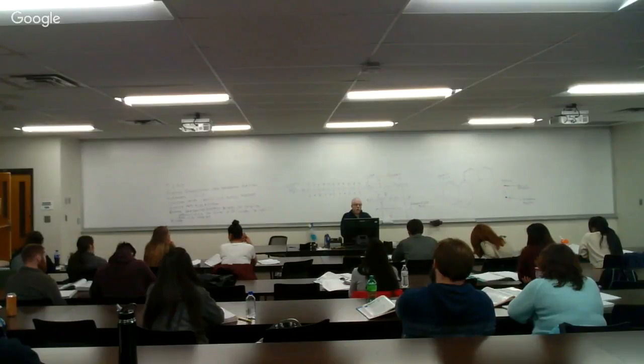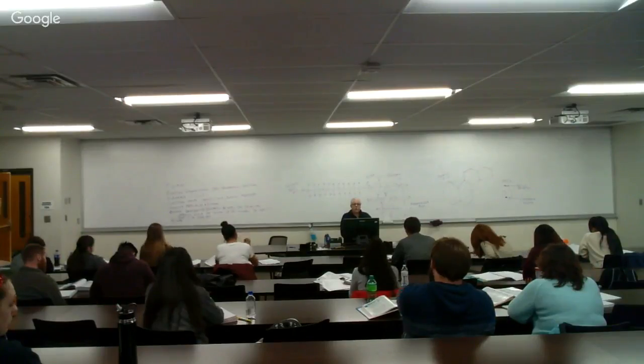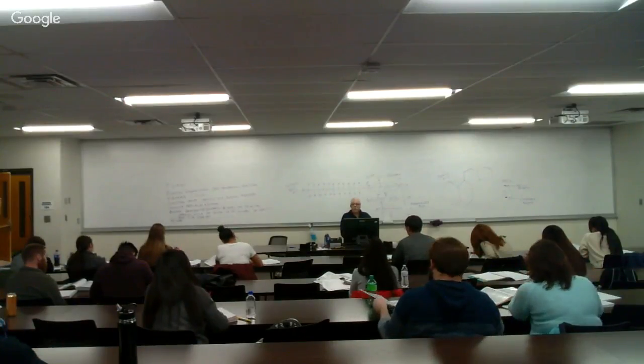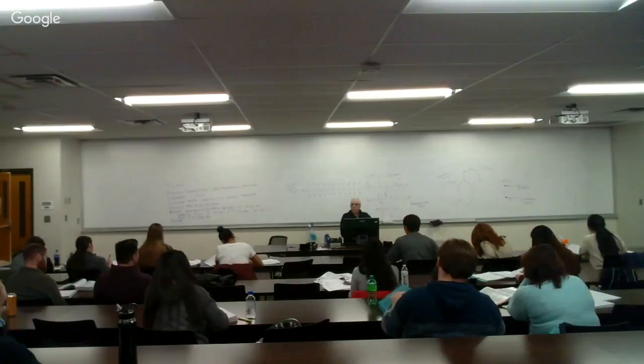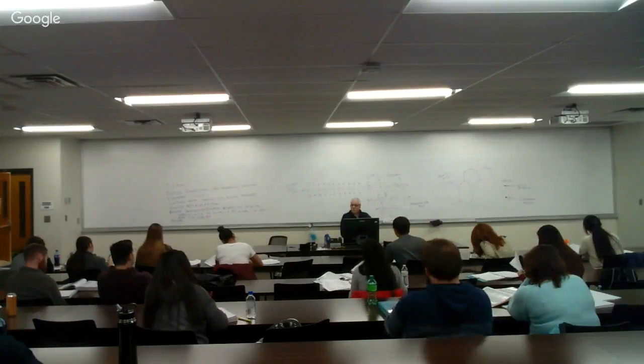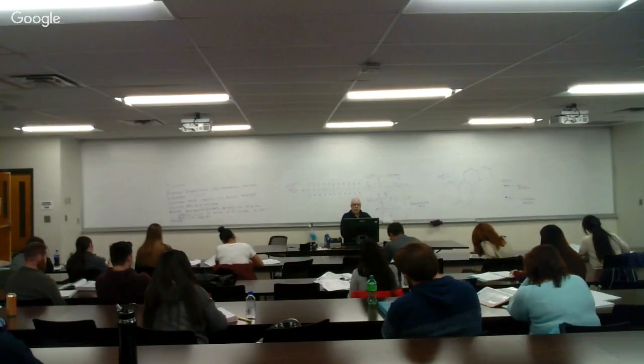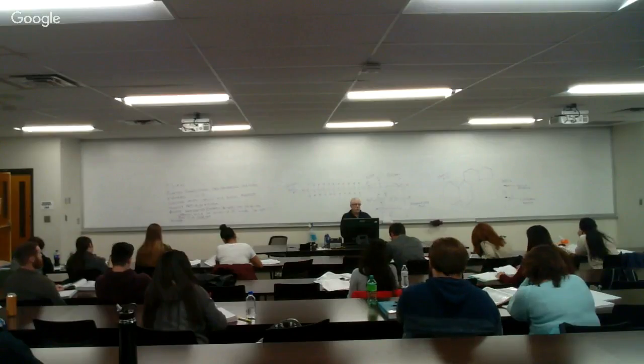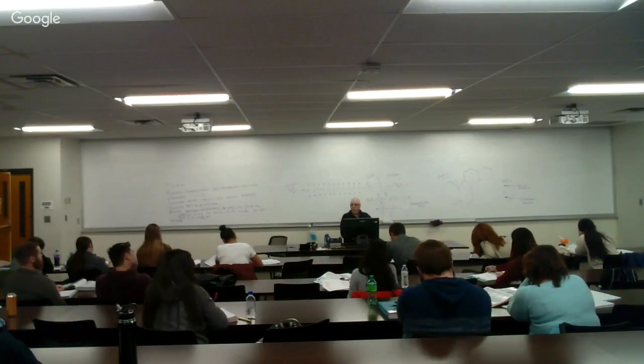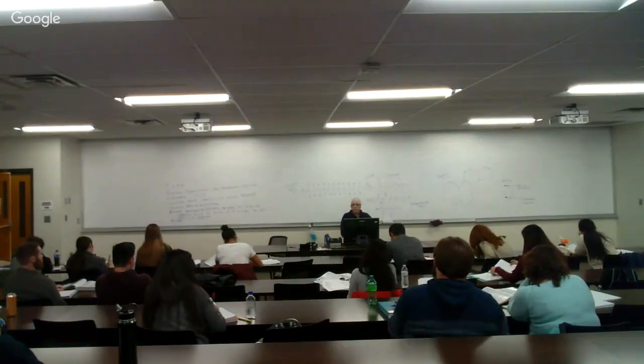All right. Now, out of this, on next Thursday, exam 3, I'm going to give you some molecules that you're going to have to be able to recognize. Glucose, polysaccharides, steroids, phospholipids, things like that.